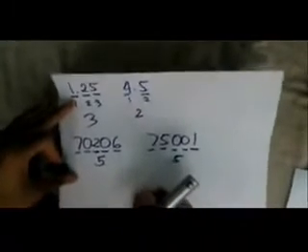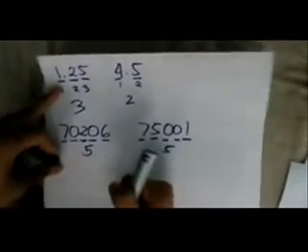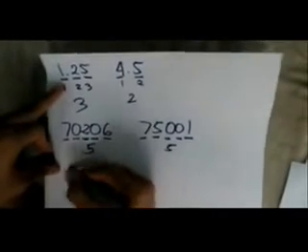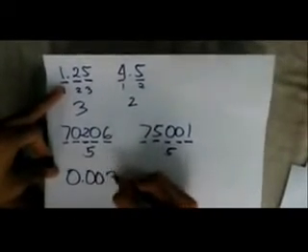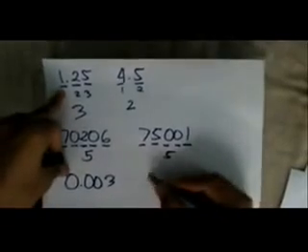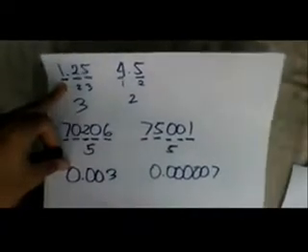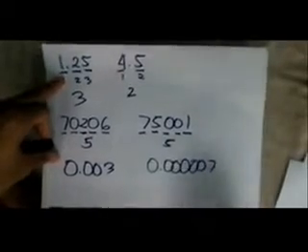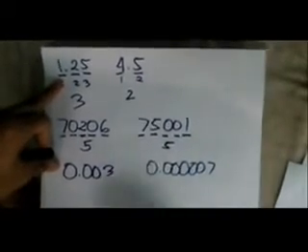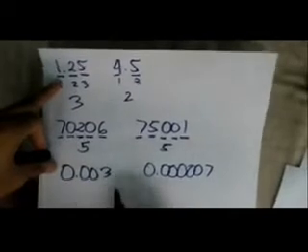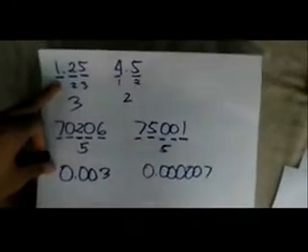The third rule is zeros that are leading are not significant. For example, 0.003 and 0.000007. These numbers contain leading zeros, thus they are considered non-significant. However, the 3 and the 7 are always significant.